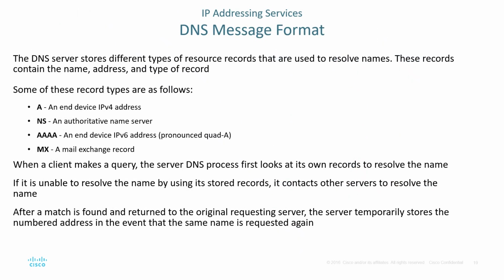Message formats that you need to know within a DNS server. It will store different types of resource records that are used to resolve names. These records contain the name, address, and type of record that exists. So a capital A is an end device IPv4 address. A capital NS is an authoritative name server. So an authoritative name server is the server that was able to answer the request.